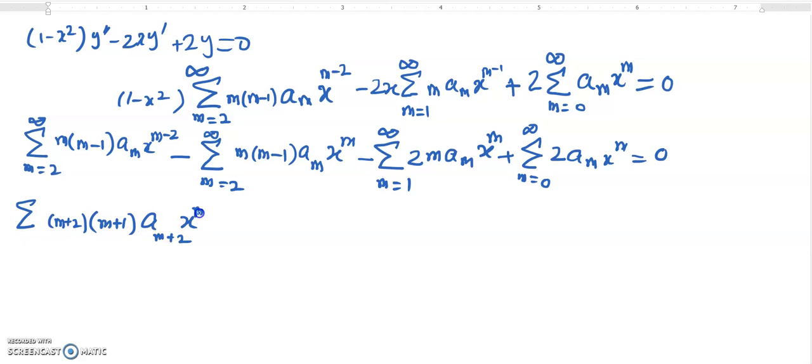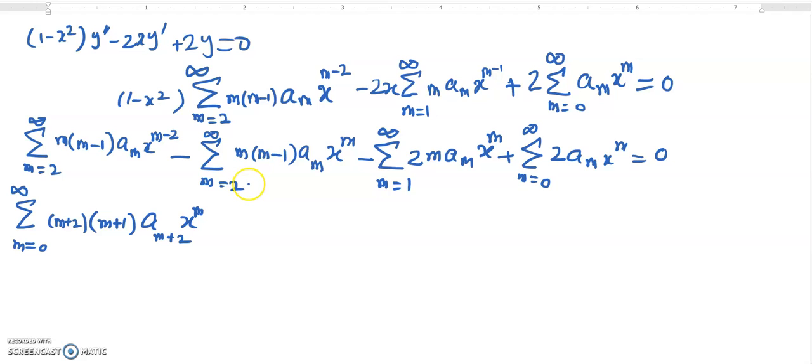So now, since I have increased the index by two over here, I have to decrease the index value by 2. So m equals 2 will become 0 and infinity will remain infinity. And then from here, it is already x to the power m, so I don't need to change this term. I just need to change the index value over here. For example, if I take m equals 0, then that term will be 0, because of the factor m.